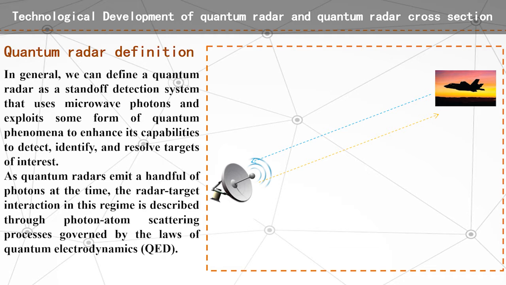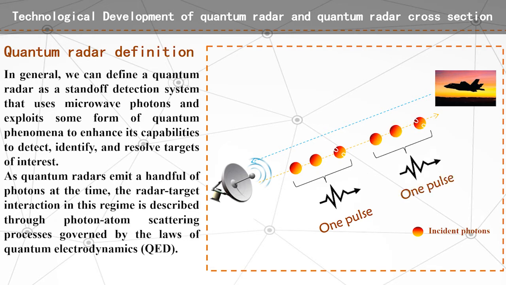Quantum radar emits a handful of photons at one time and receives some photons. Here, a handful means several, maybe 1, 2, or 3 photons in one pulse at a time.